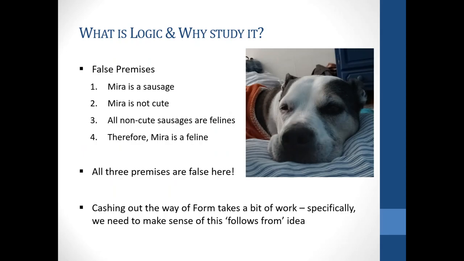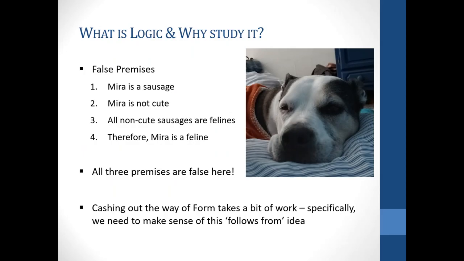Mira's not a sausage, even though I might call her that, or might have called her that. Mira is obviously cute, and I will fight anyone who says otherwise, right? All non-cute sausages are felines. Not so sure about that. Right? And of course, the conclusion's false as well. So this is a bad argument in the sense that the content here is poor. The premises are false. Yeah?